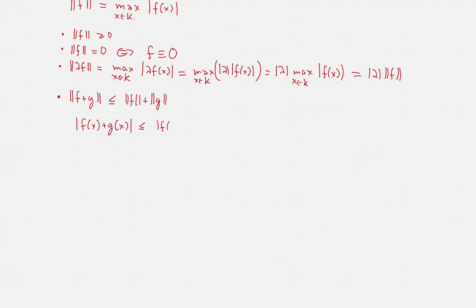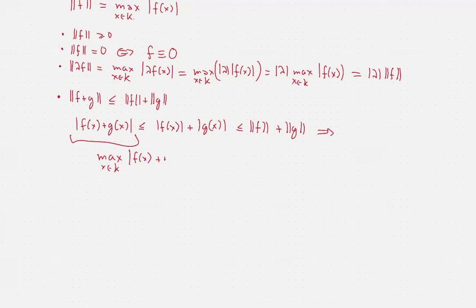But then each of these is less than or equal to the norm of f plus the norm of g. So since this is true for any x, it will also be true for the maximum, which is obtained at some point. And this will be less than or equal to the sum of the two norms. And of course, this ends up being the norm of the sum. So we have established the triangle inequality.